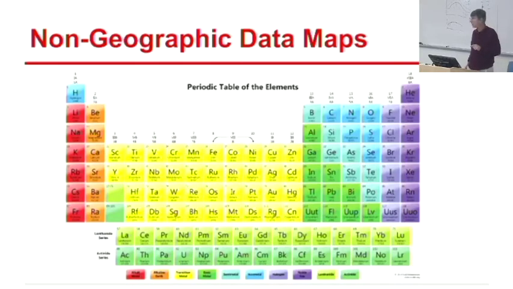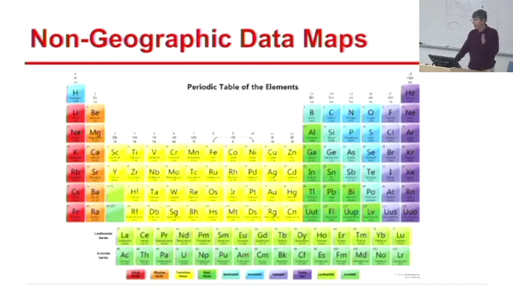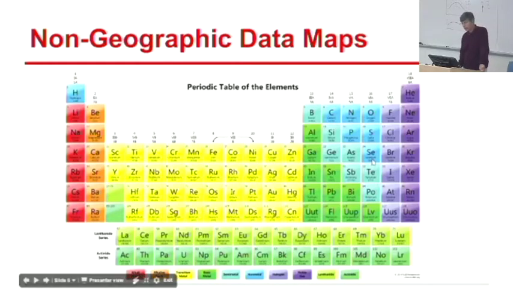So data maps are a very, very useful thing, and they don't necessarily have to be about geography. Okay? This is, in my mind, the world's greatest data map that was ever produced. If you look at it, it's the periodic table of the elements. It came up with a drawing of things such that seeing where the positions are tells you a lot about what's going on. Okay, you guys took chemistry at some point in your lives, right? And on this one, you kind of get the idea that things are similar across columns.